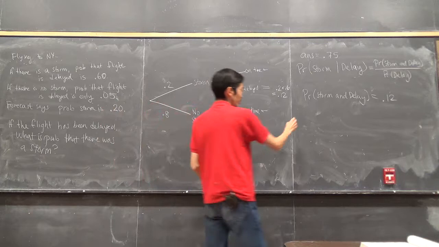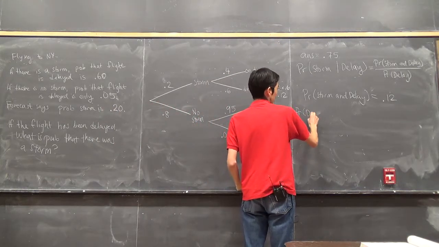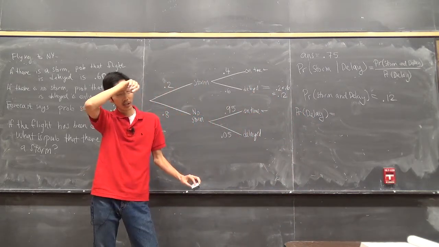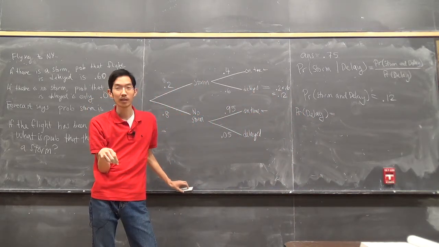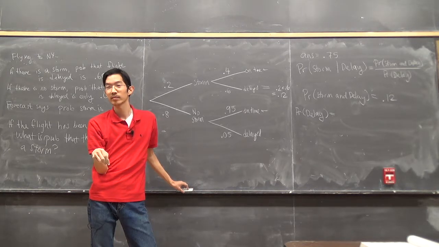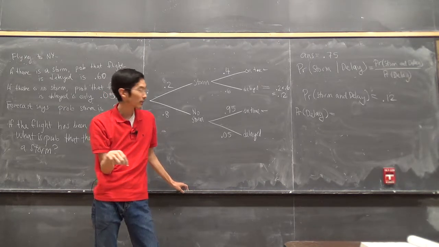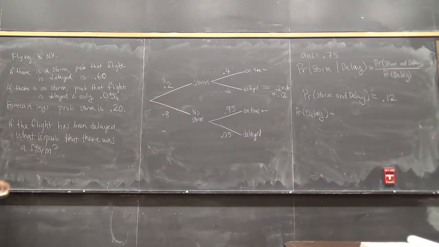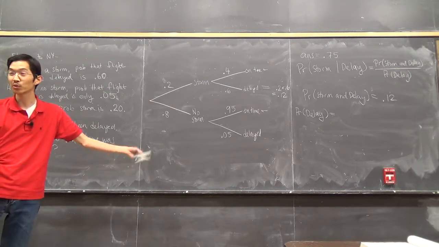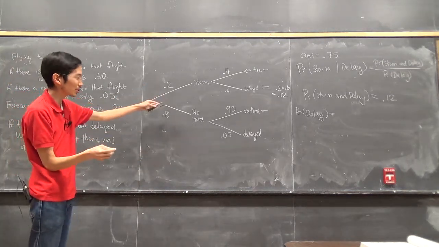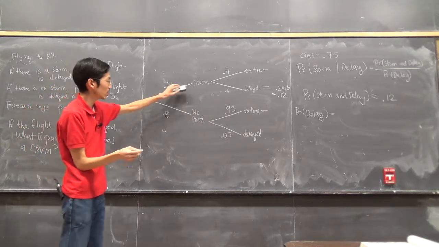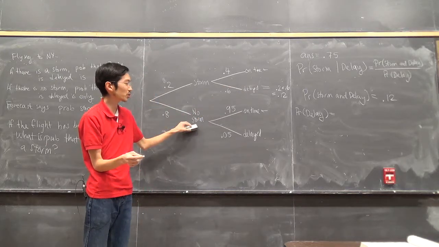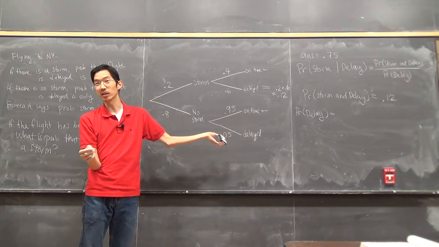And then the other part, the probability of a delay. There are two numbers I have to calculate. In the previous problem, you had to find the overall total probability of being on time. Now we're asking what's the total probability of being delayed. So there could be a storm and I'm delayed, or there could be no storm and yet I still end up being delayed.